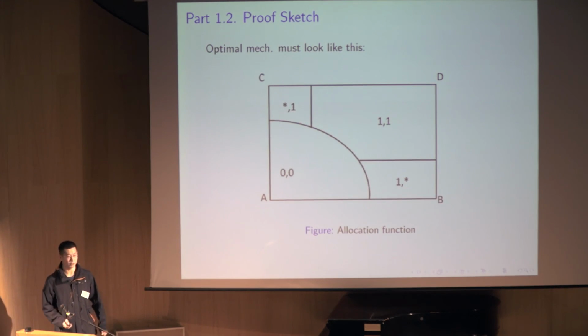First, we prove that under our condition, the allocation function in the optimal mechanism looks like this. It contains 4 parts. This means when the buyer valuation is in this domain, then he will get nothing. And this means when the buyer's valuation is in this part, he will get the second good deterministically.